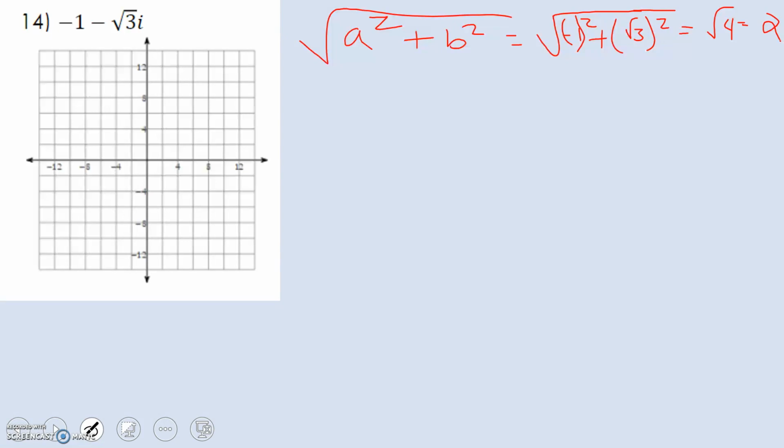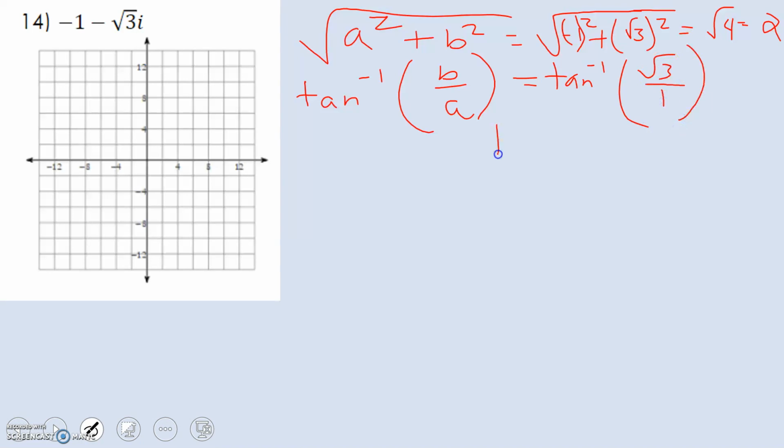And we also need to find the angle. So tan inverse of b over a is going to equal tan inverse of root 3 over negative 1. So tan inverse of root 3 equals 240 degrees.